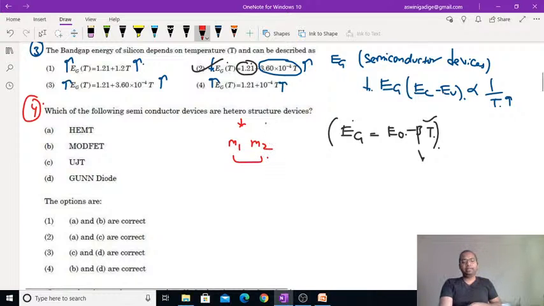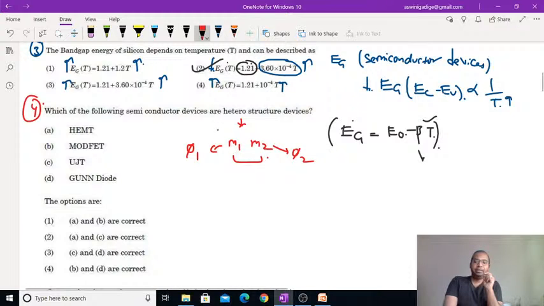Both these two materials have to be combined such that when the heterojunction forms, this material must have the work function phi 1 and this material must have the work function phi 2. That means whenever two different materials are joined together to form a junction, these two materials have different work functions.